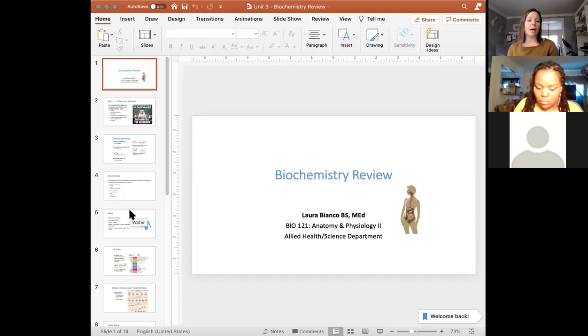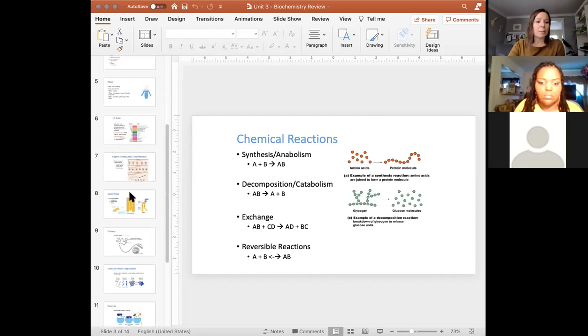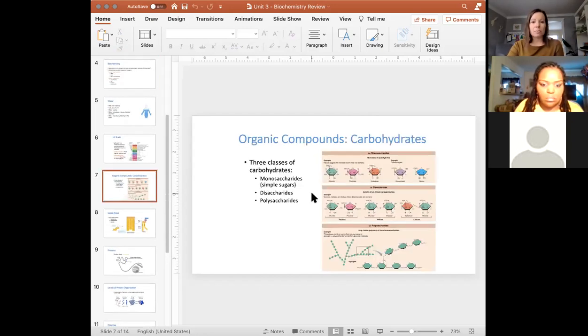The main things on the test that I would ask about would be the major types of organic molecules: carbohydrates, lipids, proteins, nucleic acids, and then ATP is the fifth one. The main things that we're ingesting are the first 4.